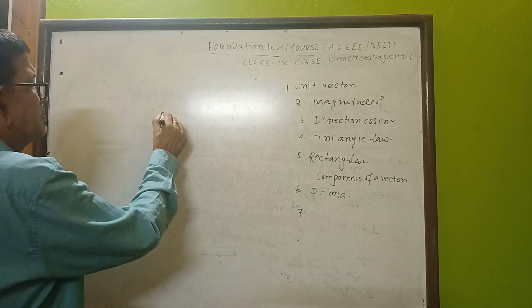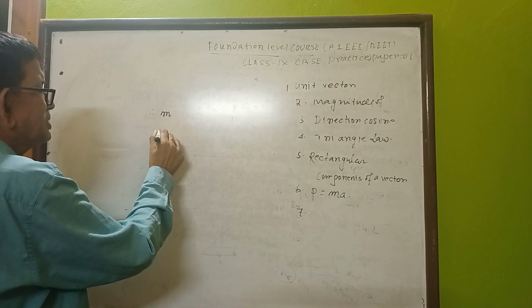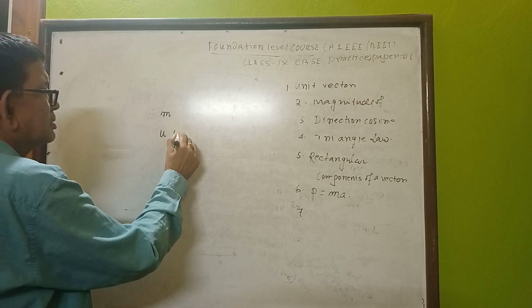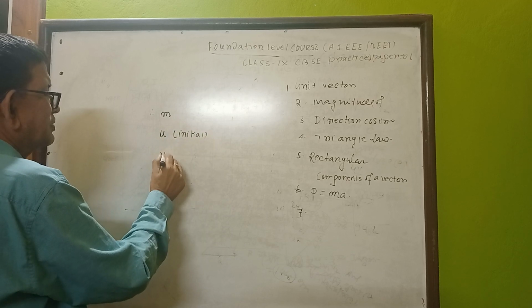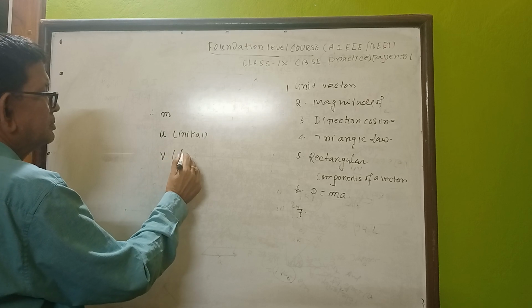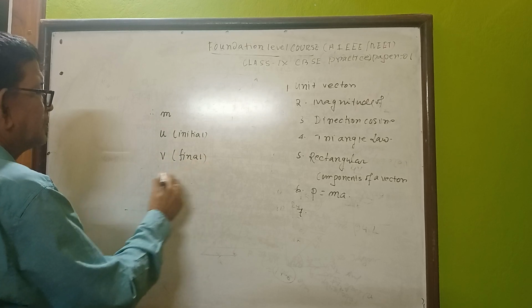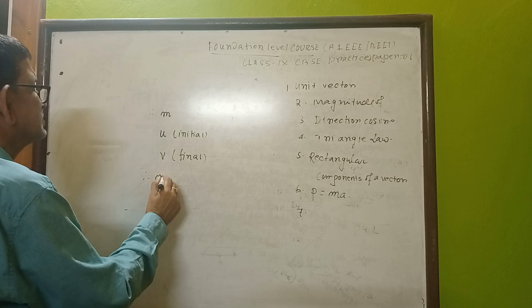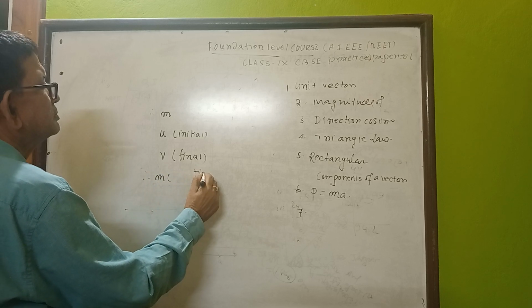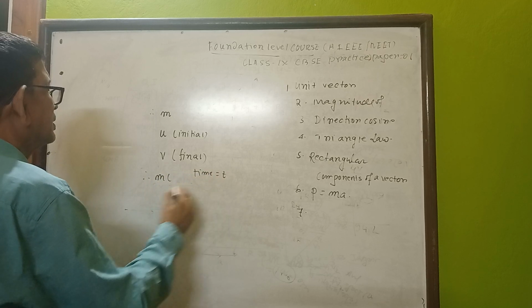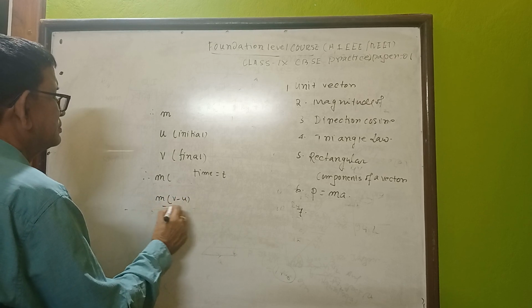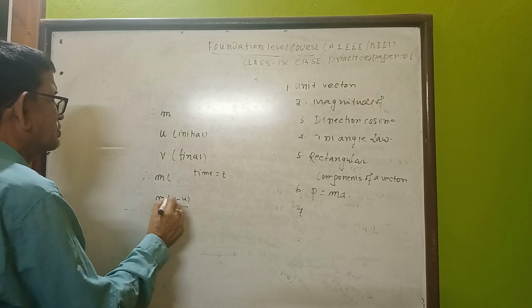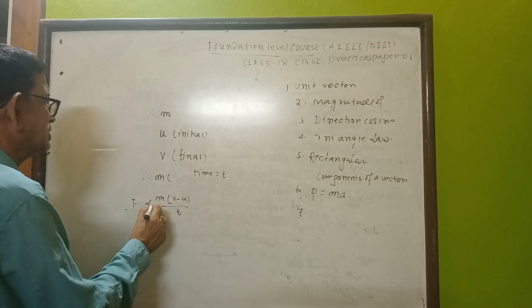So a particle, m is the mass, initial velocity u, final velocity v. Now the momentum changes in time t. So you are getting the change in momentum as m times (v minus u) by t. The force is proportional to this.